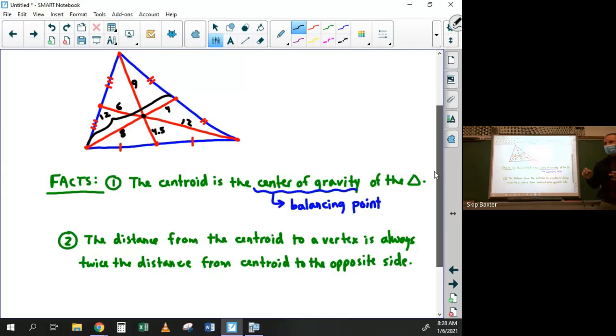The orthocenter is the intersection of the altitudes. It doesn't really have anything special about it. And finally, the centroid is the intersection of the medians, and it's the center of gravity of the triangle, and it has this interesting property about the lengths of the pieces of each median. So it's kind of a lot. This is like the longest notes we've done all year. But any questions about that stuff?